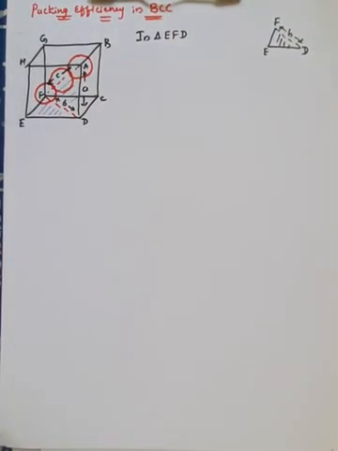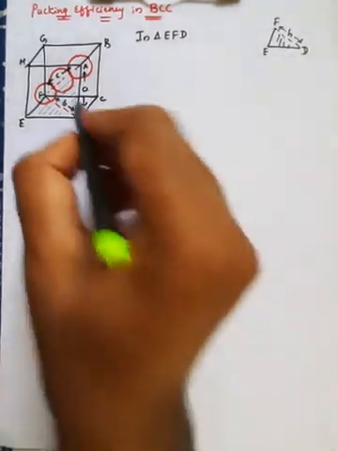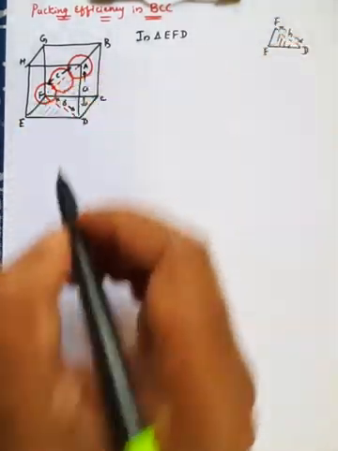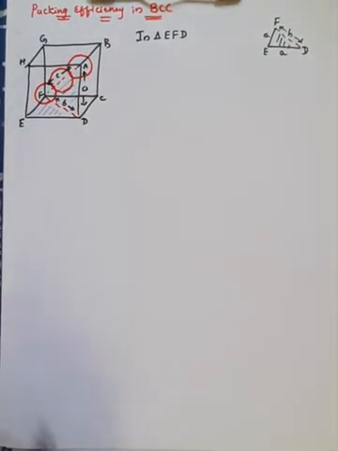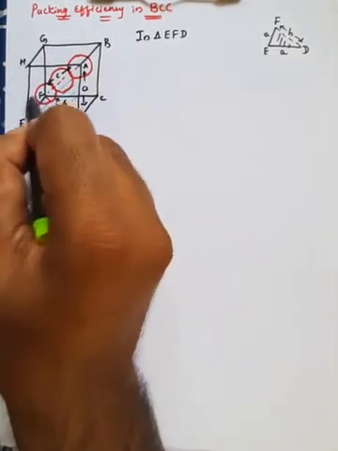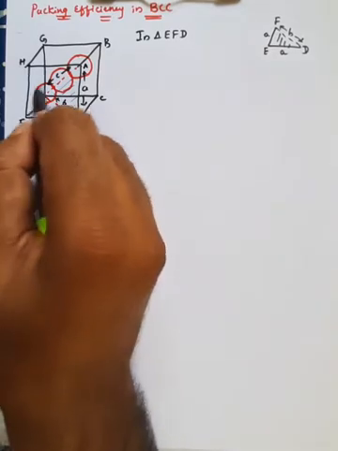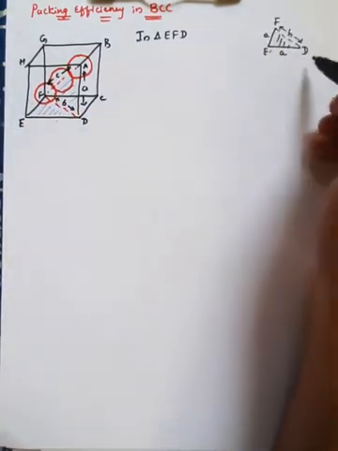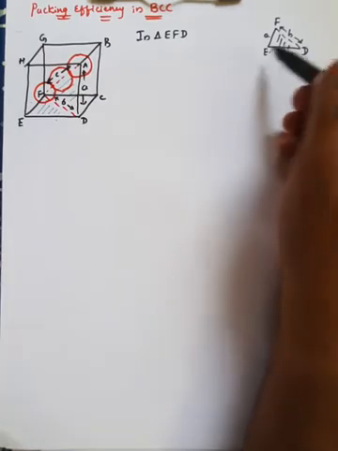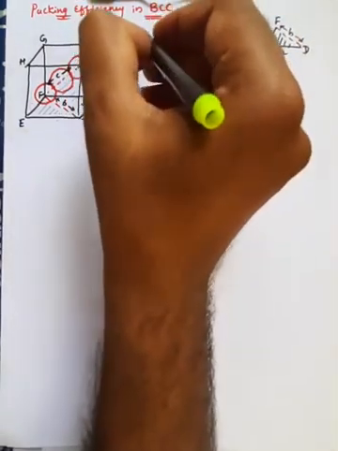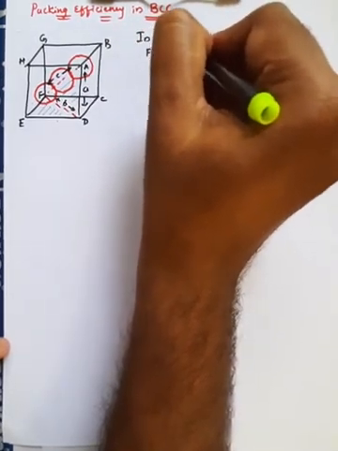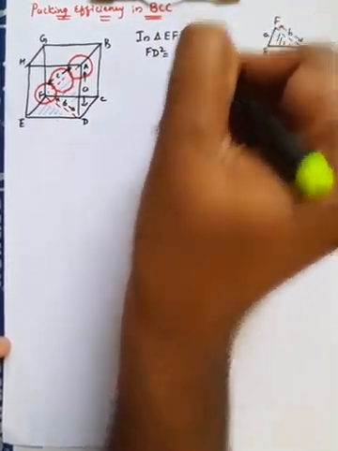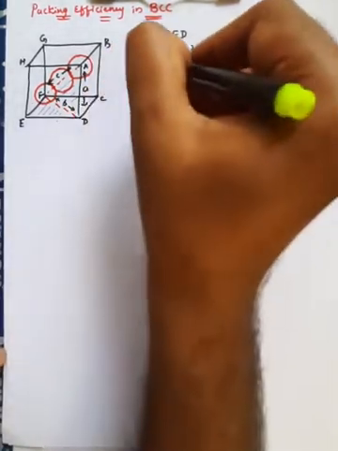So according to Pythagoras theorem, again I will apply the Pythagoras theorem. FD square is the longest length, and both other sides are A and A, because the edge length of the cube is always A. Both are the same. Therefore, in this first triangle EFD, FD is equal to B, and EF and ED are equal to A. So in triangle EFD, FD square is equal to EF square plus ED square, that is equal to B square.